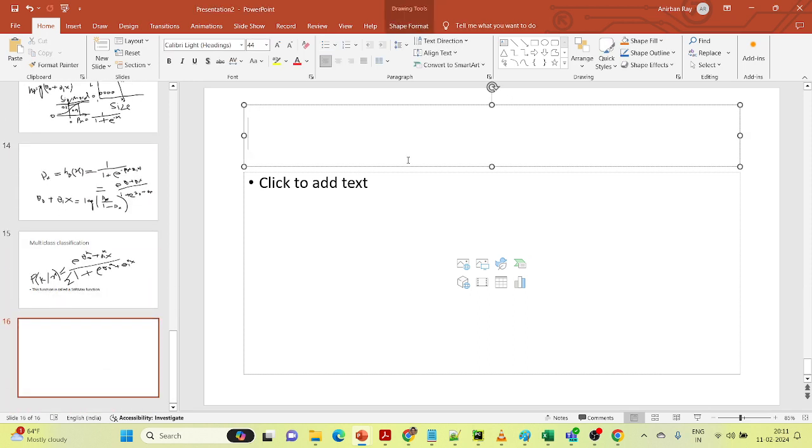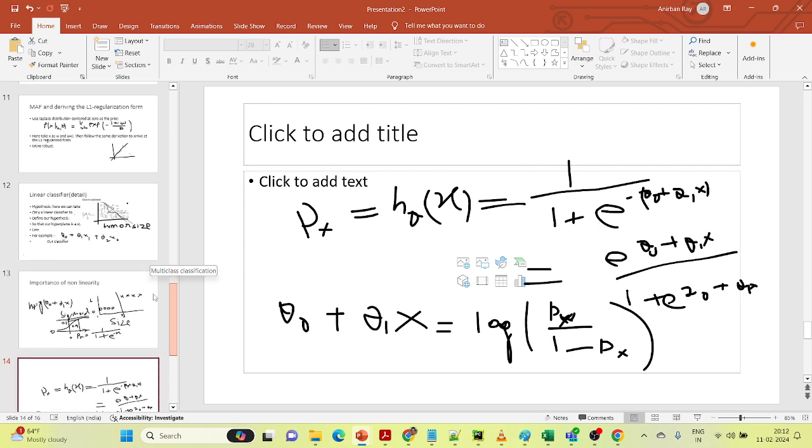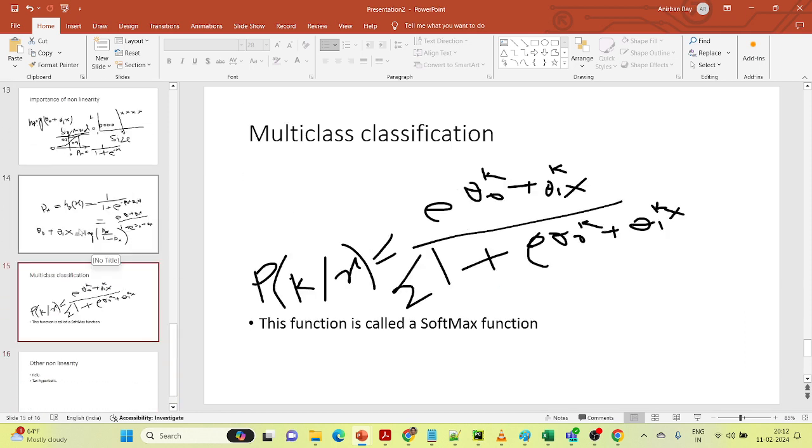Other non-linearities are ReLU and tan hyperbolic. As you can see, you don't know gradient descent. I think I should have explained that before.